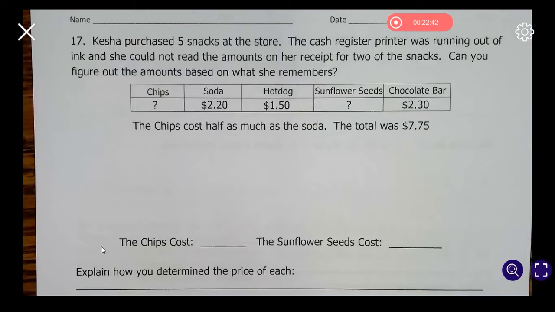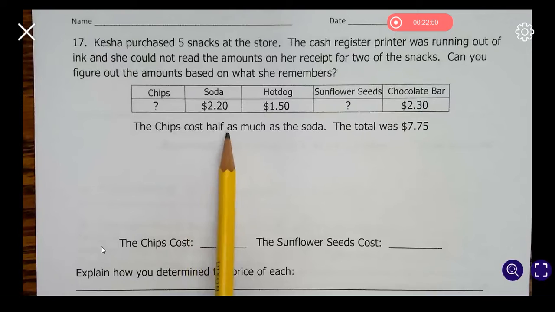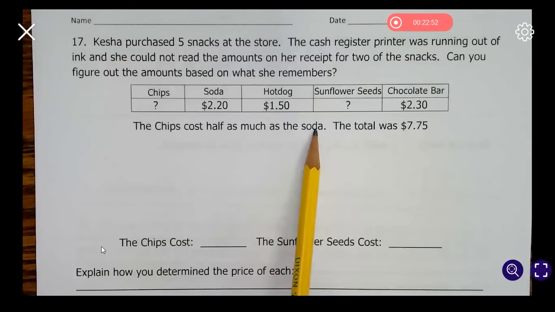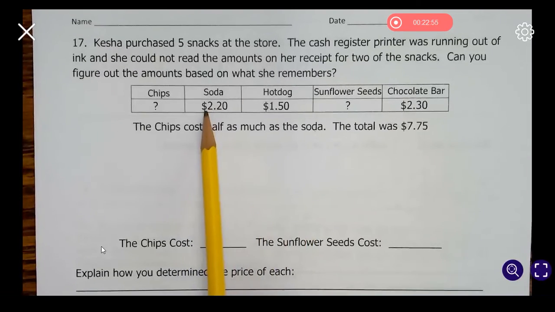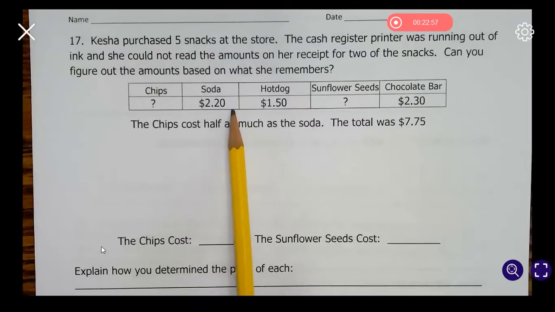$7.75. Okay. All right, so let's figure out what we know. The chips cost half as much as the soda. All right, so the soda is $2.20.